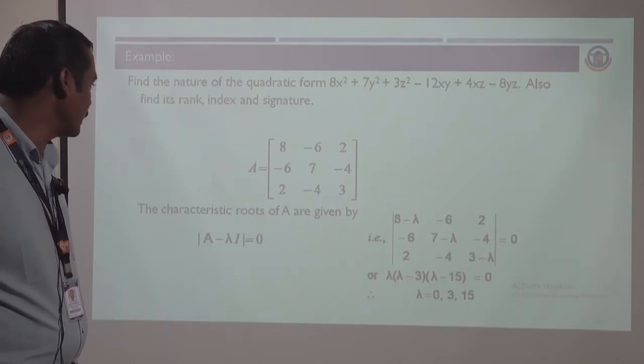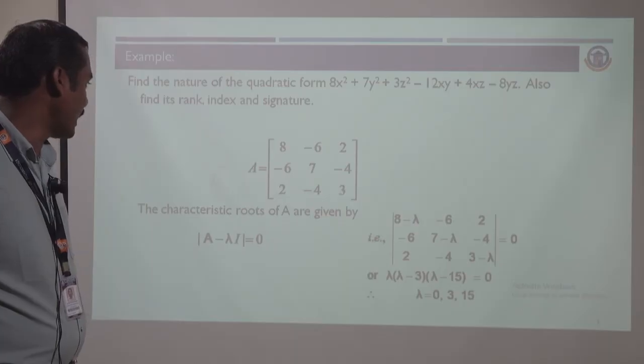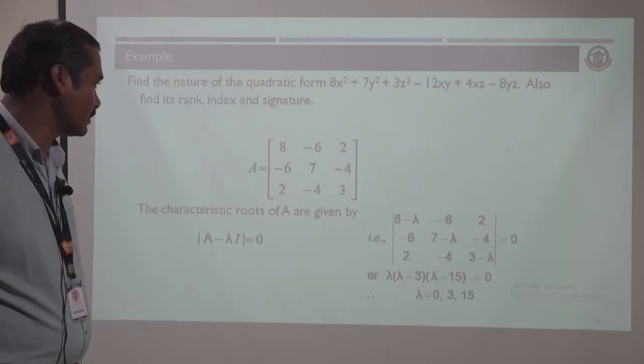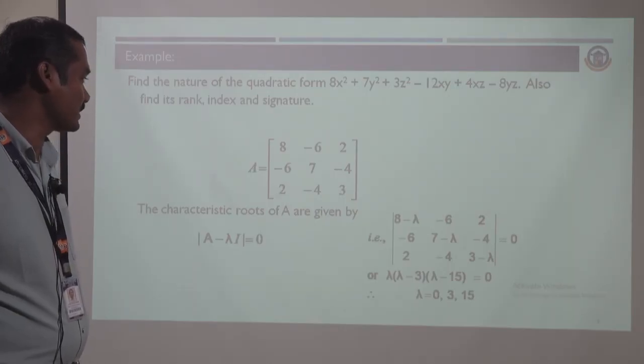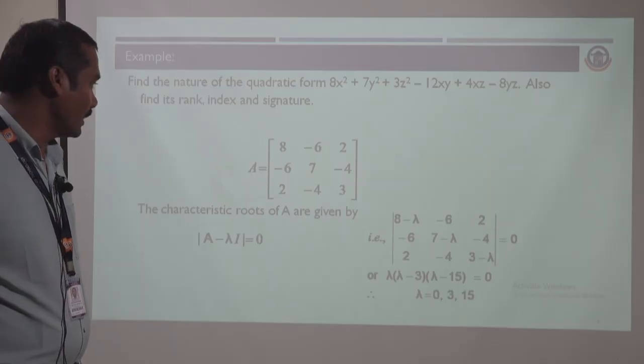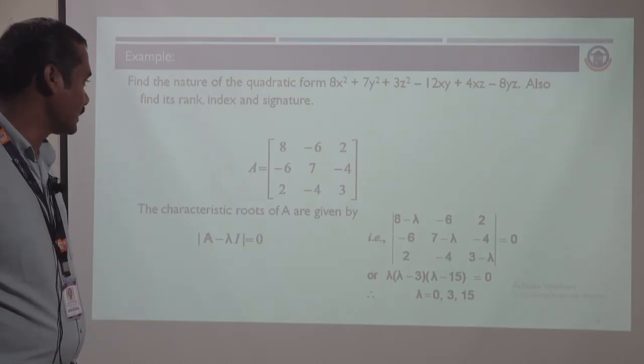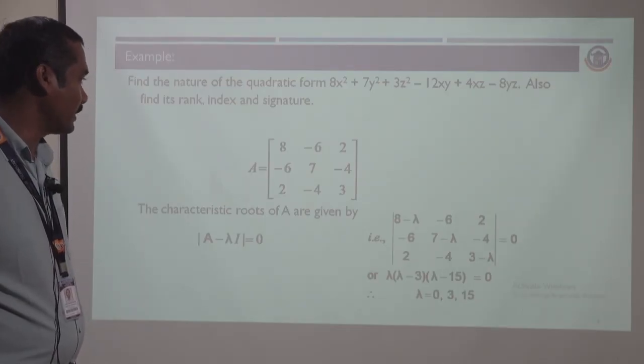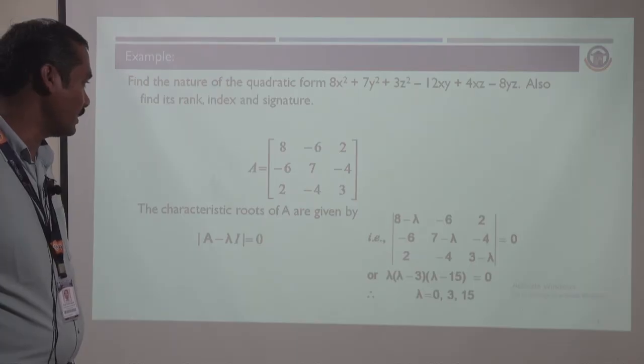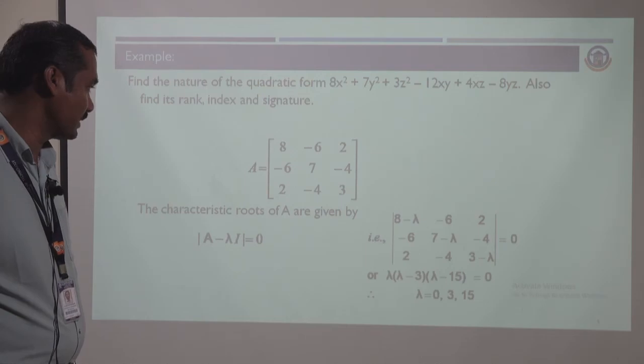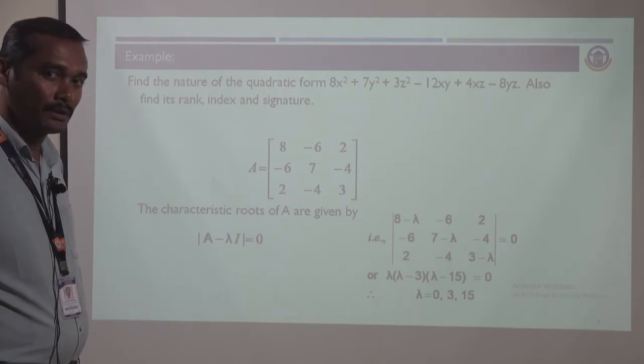After substituting the matrix A, lambda and the 3 by 3 identity matrix, it is equivalent to the first row 8 minus lambda, minus 6, 2; the second row minus 6, 7 minus lambda, minus 4; and the third row 2, minus 4, 3 minus lambda. After taking the determinant, we get the equation lambda into lambda minus 3 into lambda minus 15 equal to 0.